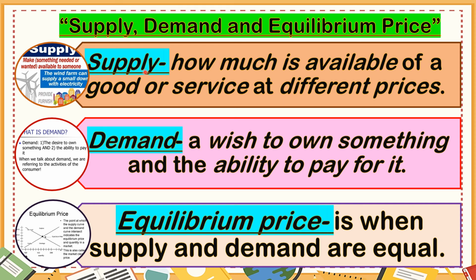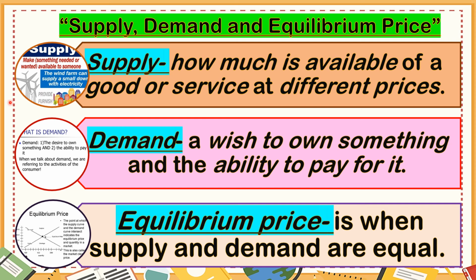So supply, class, is how much product, good or service, is being sold at different prices. Next, demand means something that you want or you wish to be able to buy, okay? That you have the ability to buy. It can be jewelry, bag, clothes, or shoes.